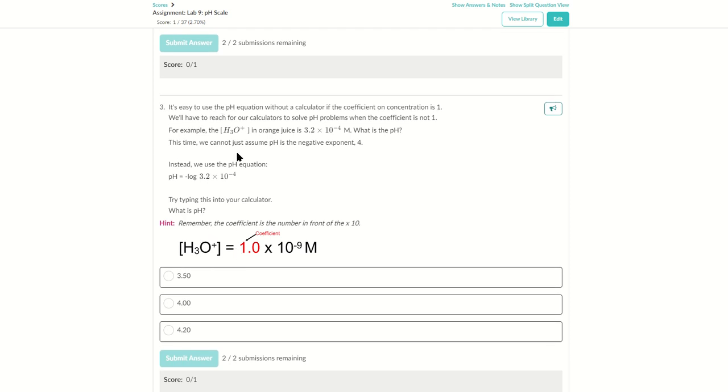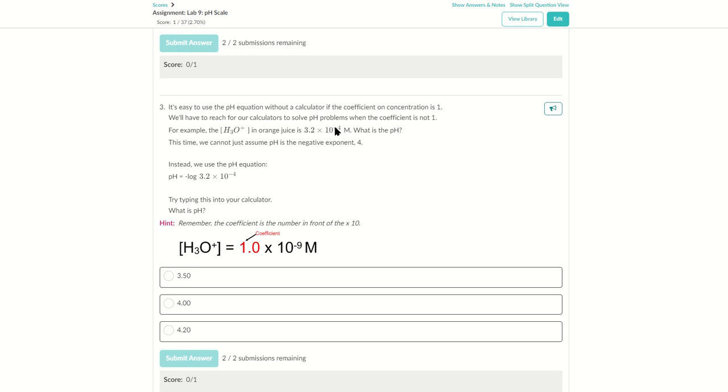And then from there, we kind of go a little bit deeper into the decimals of the pH value. So, for example, for orange juice, the hydronium concentration is actually 3.2 times 10 to the negative 4. So how does this 3.2 affect that pH?